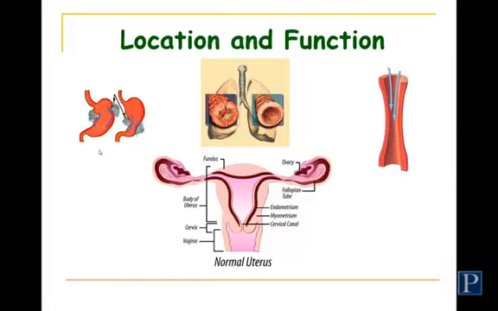I want to make a note right now that you have an external anal sphincter and an internal anal sphincter. The internal one is smooth muscle. The external one is made up of skeletal muscle. A good thing to remember is the difference between skeletal and smooth muscle in regards to whether it is a voluntary or an involuntary muscle.